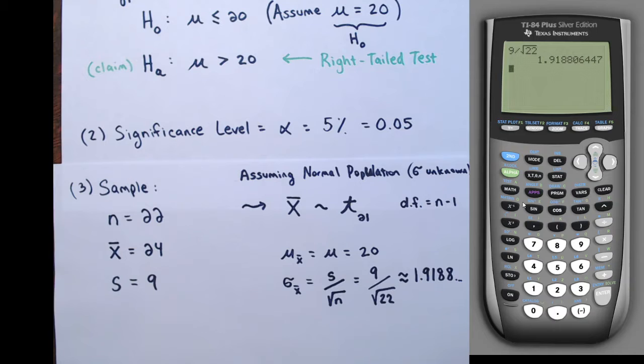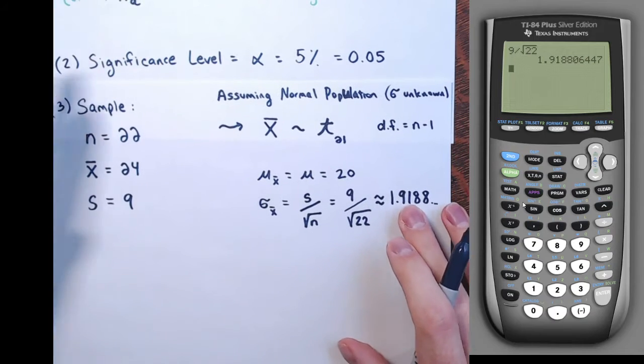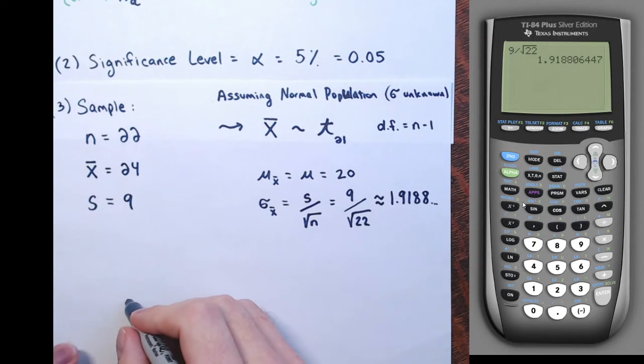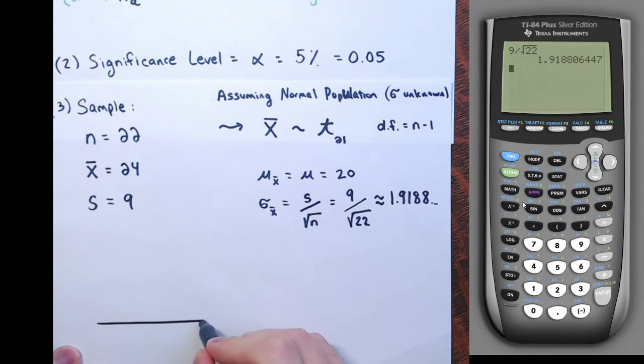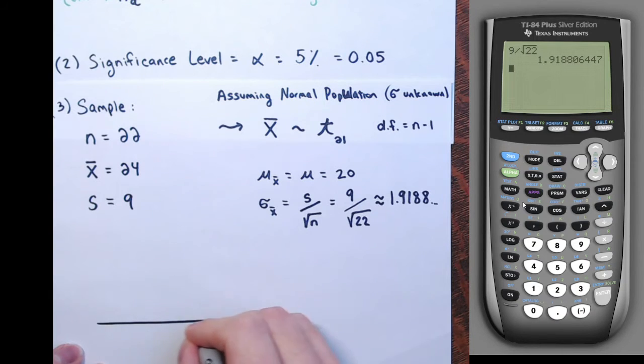Okay, and let me draw a picture. I'm going to draw a picture of a student's t-distribution. Remember, student's t is just like a z, and it's very similar to the standard normal. So the horizontal axis here is t-scores, which are just like z-scores.